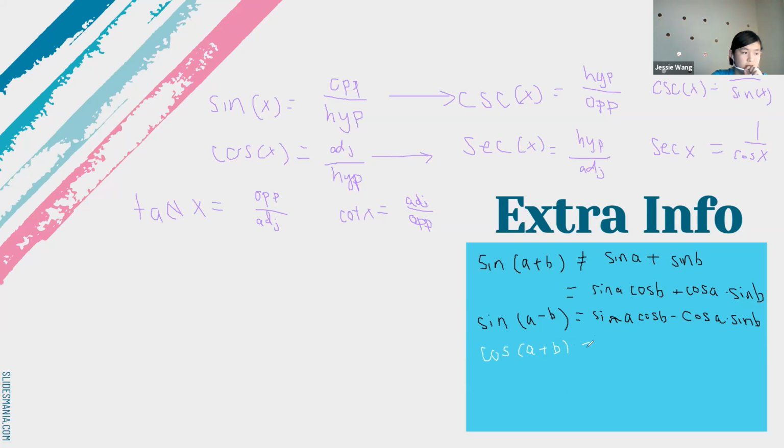This is equal to cosine of A times cosine of B. And this time it's going to be a minus sine of A times sine of B. All right, so when we have cosine of A minus B, it's really the same except this becomes a plus. I'll just write it on here in case anyone needs this for reference.